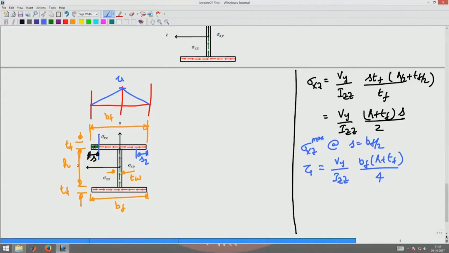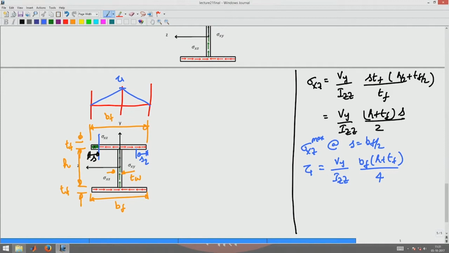It should be against the shear flow direction or in the shear flow direction. In both these cases I am assuming it to be against the shear flow direction, but I can't go from against the shear flow direction to a direction where it is along the shear flow direction. So, that will be the variation of sigma xy on the top flange.